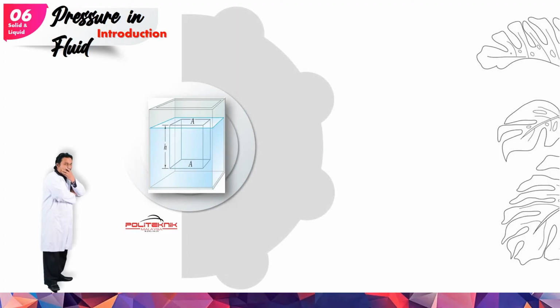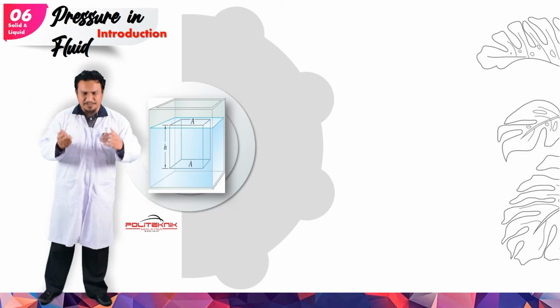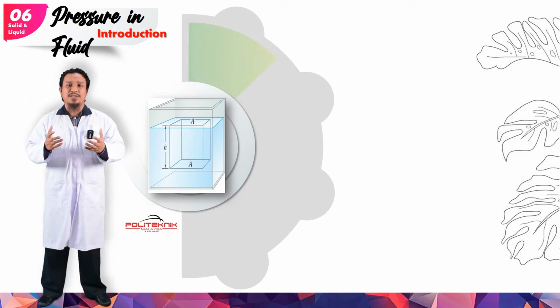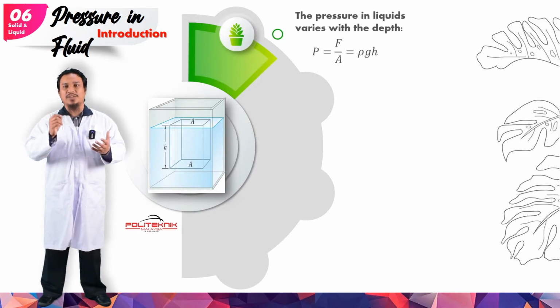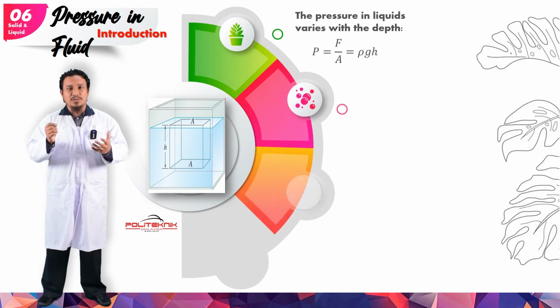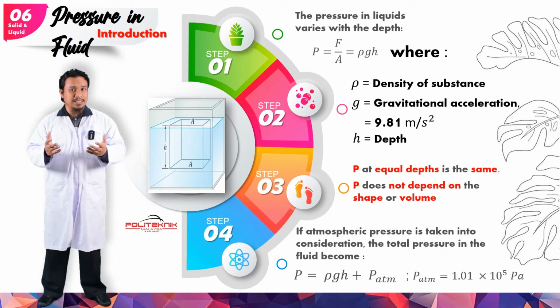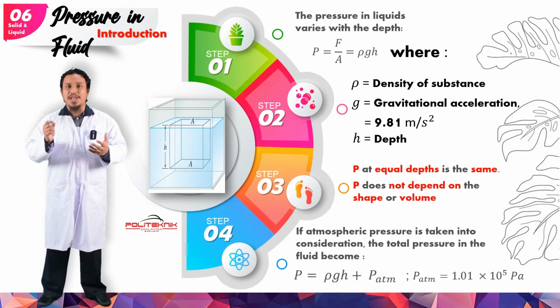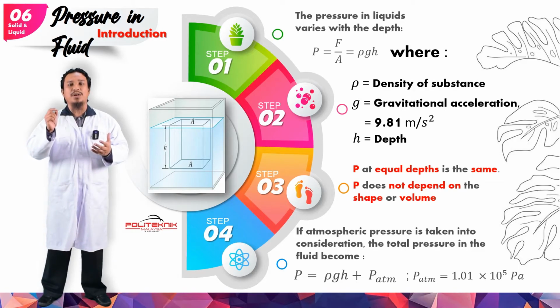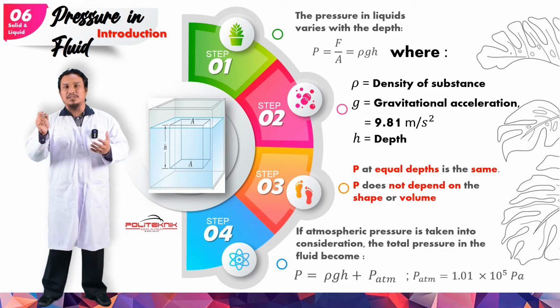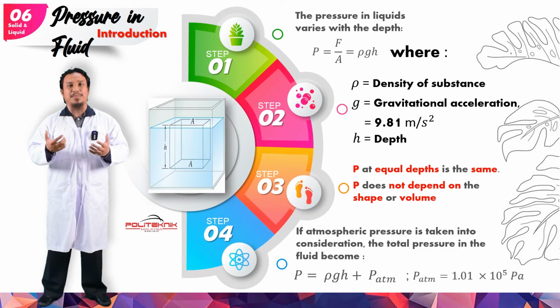Pressure in fluid. The pressure in fluid varies with depth. So pressure equals to force divided by area equals to rho GH, where rho equals to density of substance, G is gravitational acceleration, and it has a value of 9.81 meter per s square, and H is depth.